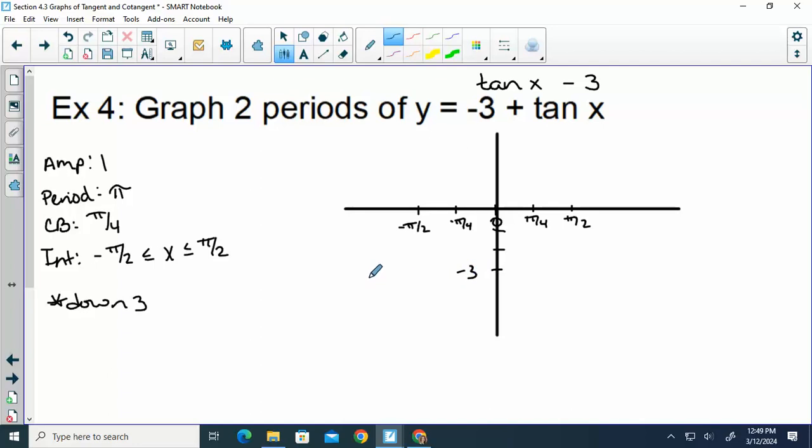And how do we do it for sine and cosine? You guys remember? Make a little dotted line. We did a dashed line there to show that's going to be the center. Since my amplitude is 1, we'll be going 1 above and below that mark.